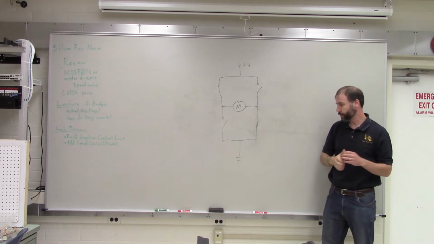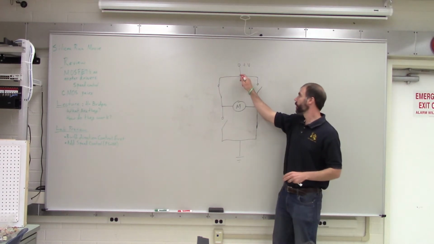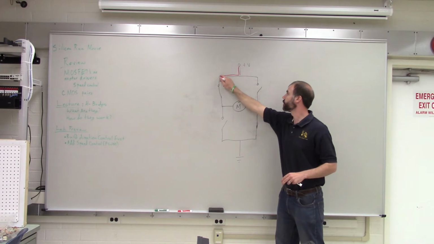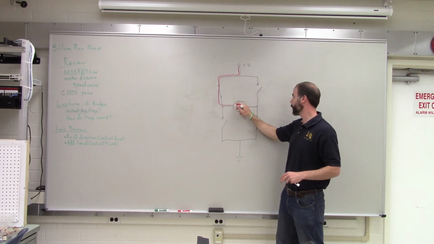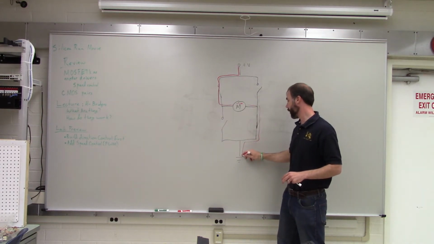Now the electricity has a path to flow through, right? Now it can flow down from the positive supply here, go through here, goes through the motor this way, and it goes down to ground.